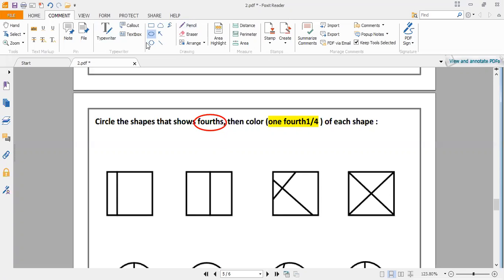Okay, does the first shape show fourths? Is this shape showing fourths? No. No, why? The fourths means what?